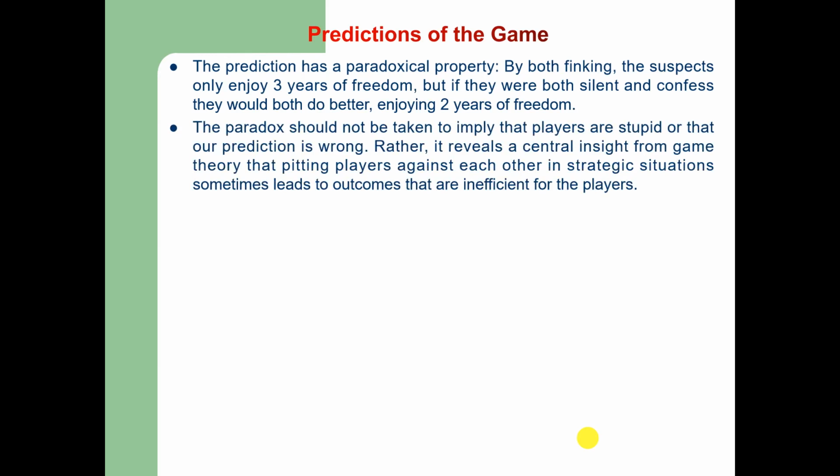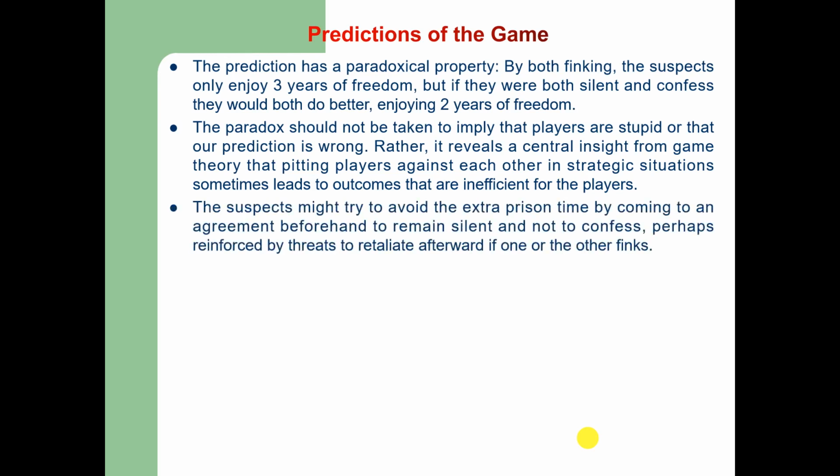Similarly, the paradox should not be taken to imply that players are stupid or that our prediction is wrong. It's not like this. Rather, it reveals a central insight from game theory that pitting players against each other in strategic situations sometimes leads to outcomes that are inefficient for the players.